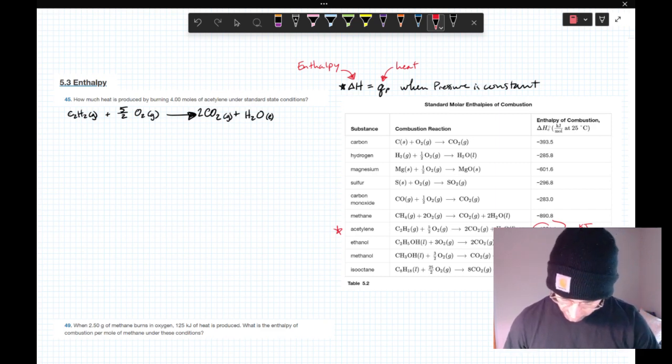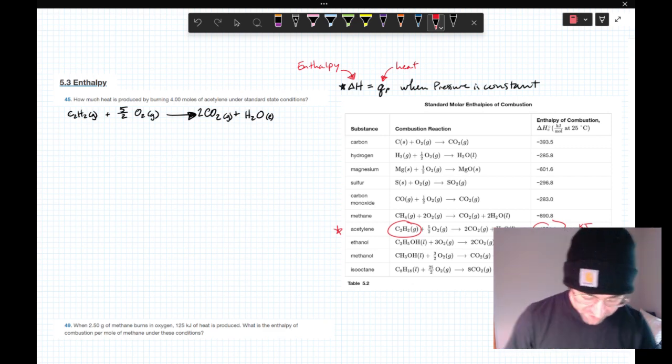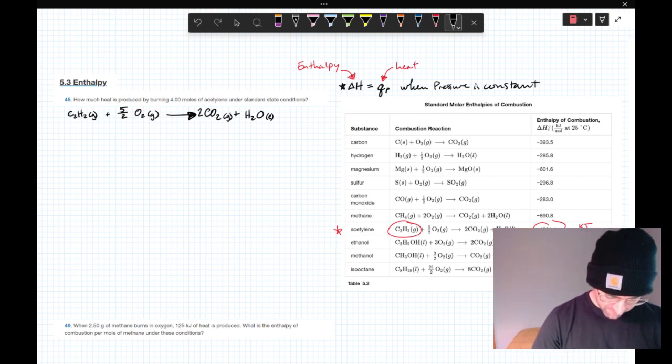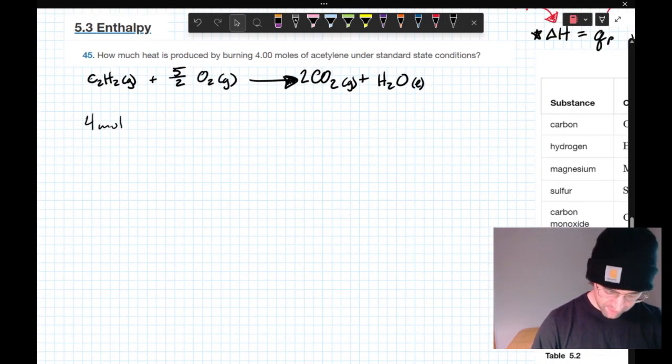So that would be per 1 mole. We're given 4 moles, so we need to do a little dimensional analysis. I'm going to zoom in here a little bit so that it's easier to see and to write.